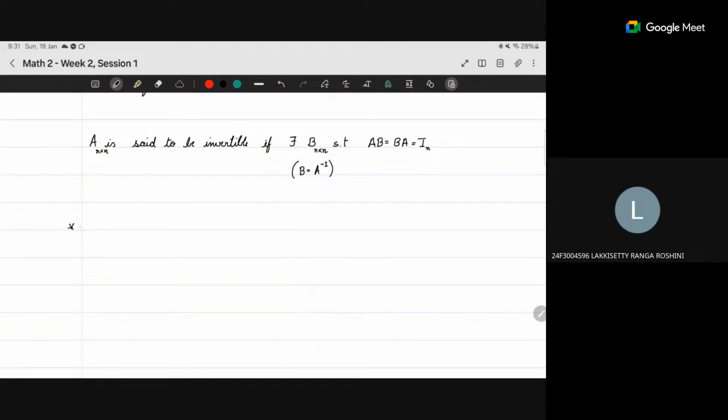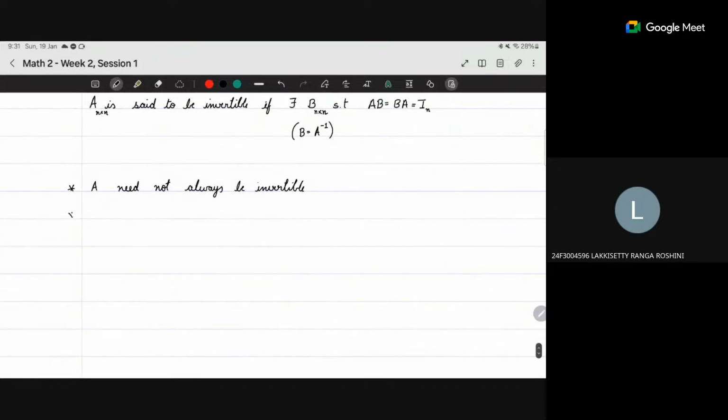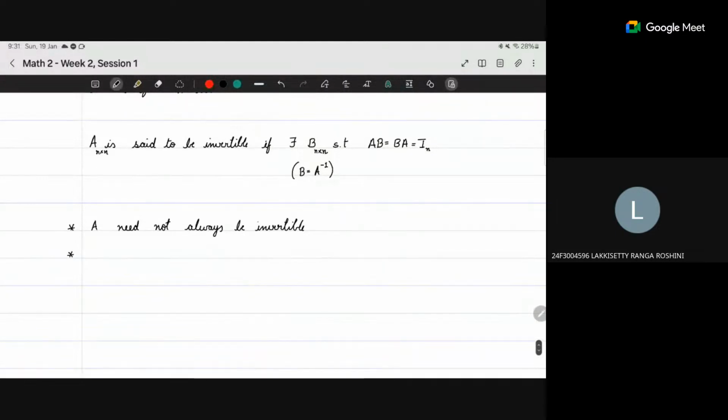What we have seen is A need not always be invertible, which means, does there exist a B? Not always.